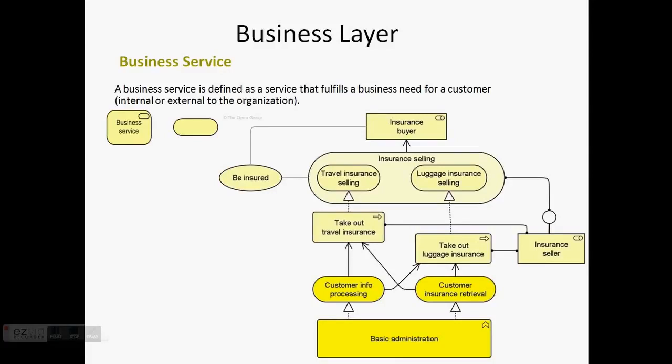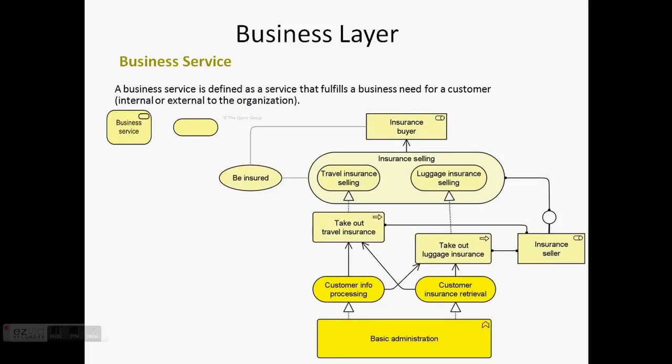A business service exposes the functionality of business roles or collaborations to other environments. This functionality is accessed through one or more business interfaces. So a business service must have an interface, otherwise it's not accessible.